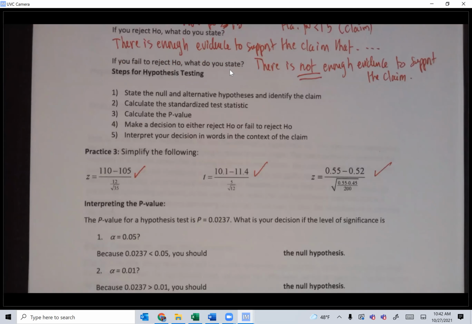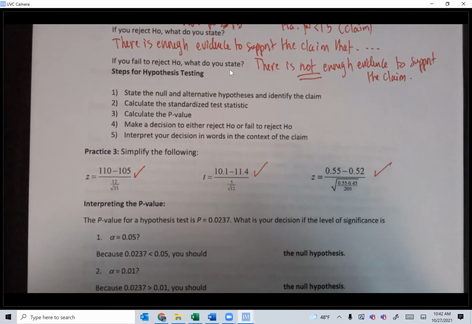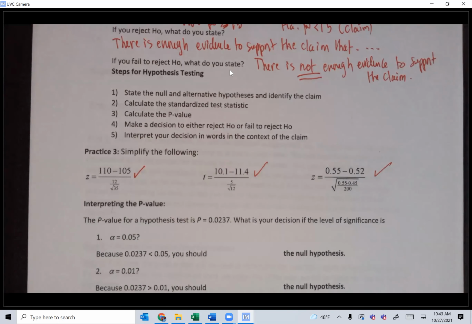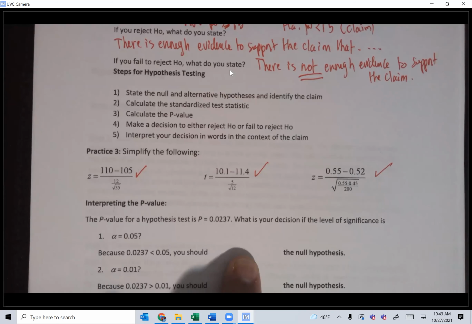So if the p-value is less than alpha, we reject H0. If the p-value is more than alpha, we fail to reject H0. Here's how I would tell students to remember it: p-value low, H0 must go. So if the p-value of a hypothesis test is 0.0237, and if alpha is 0.05, what would be the decision, guys? Can someone tell me? Should you reject or fail to reject the null hypothesis?